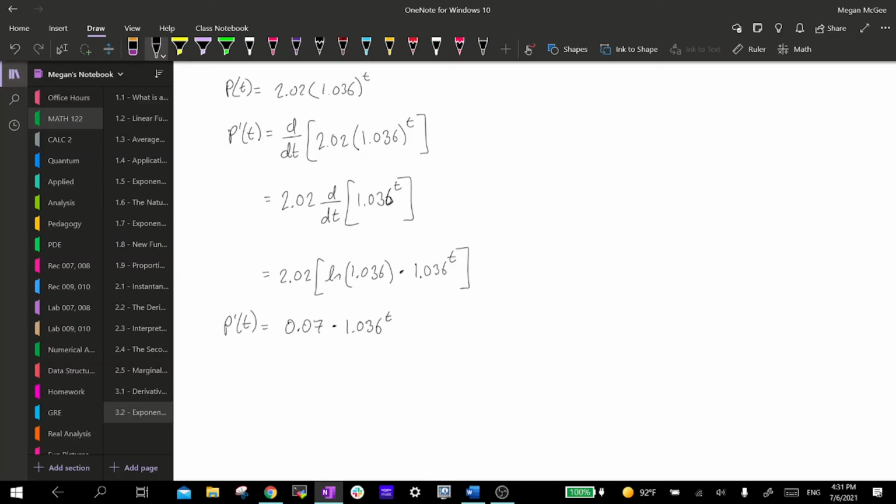So the question asked us at what rate was the population growing at the beginning of 2009? So we need to find out what we are supposed to calculate. We have the derivative here, and the derivative is the rate of change. So we need to find out when we're supposed to be calculating the derivative.